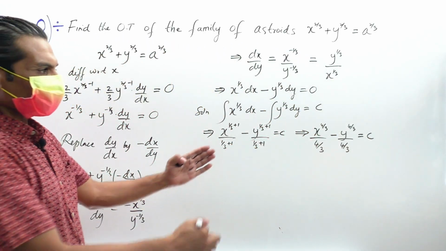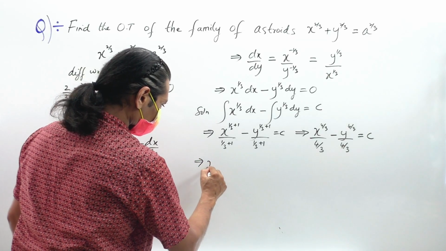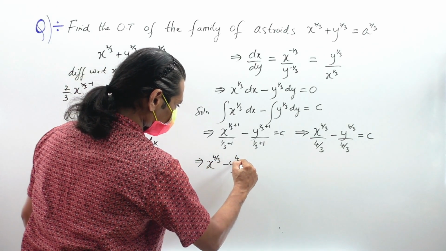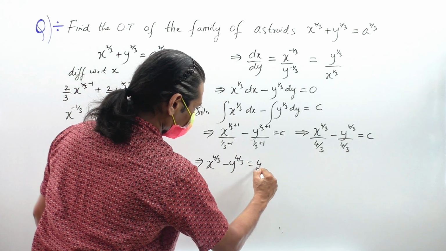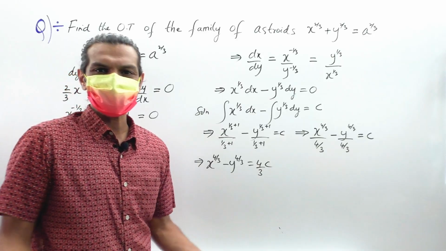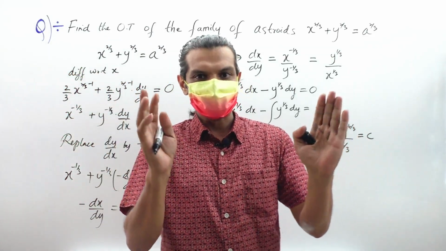Okay, what I'll do, we take 4 by 3 that side, we have x raised to 4 by 3 minus y raised to 4 by 3 is equal to 4 by 3 c. See, constant is a constant. 4 by 3 is constant, c is constant. So we can take it as a whole constant, use some simple arrangements here.